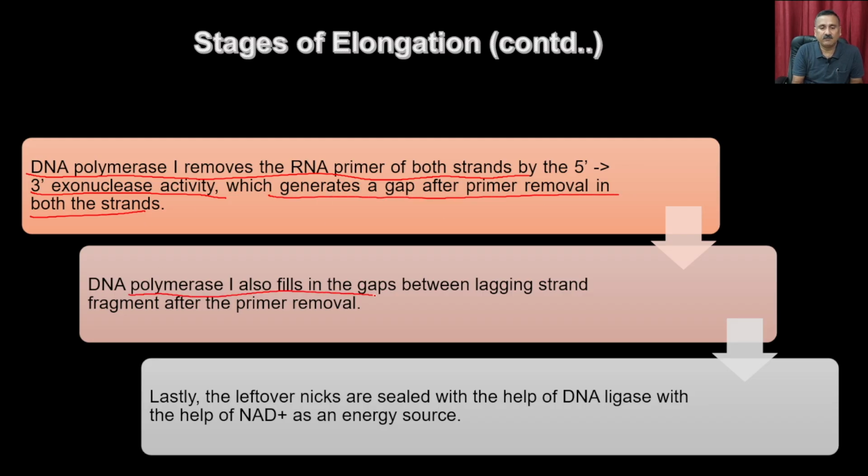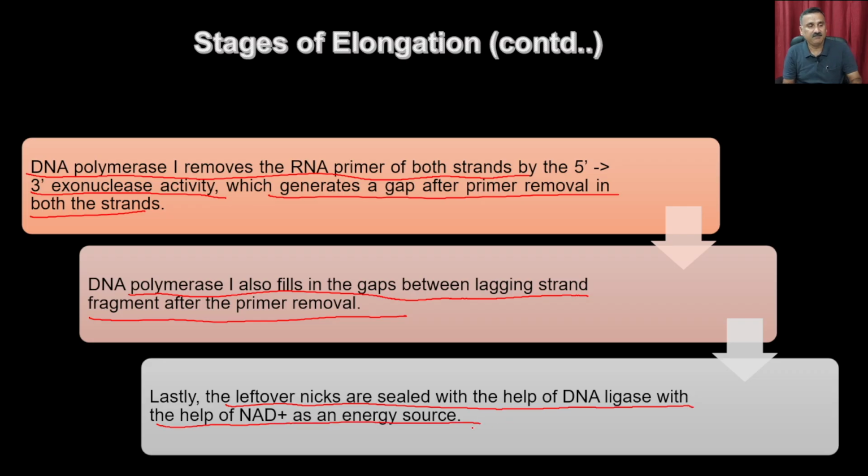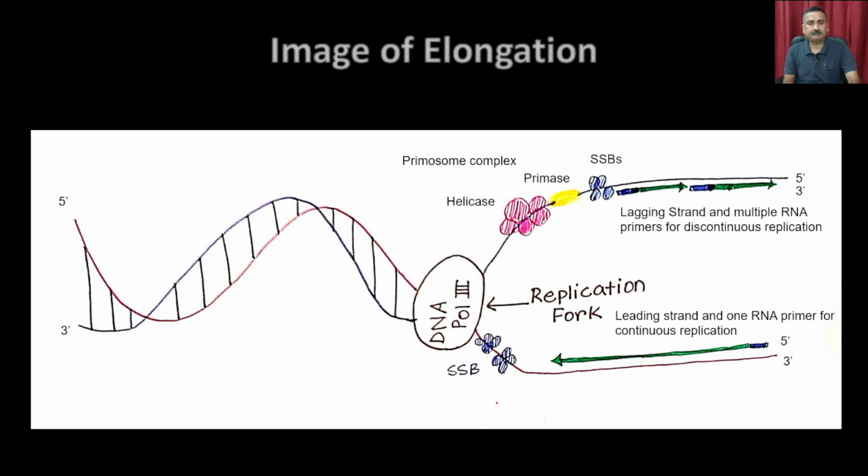DNA pol 1 also fills in the gap between the lagging strand fragments after the primer removal. Lastly, the leftover nicks are sealed by DNA ligase with the help of NAD plus as an energy source. So, this is what exactly happens in the replication elongation stage.